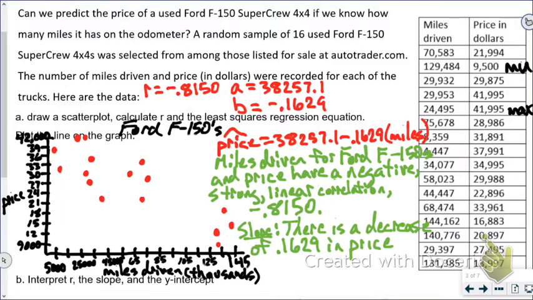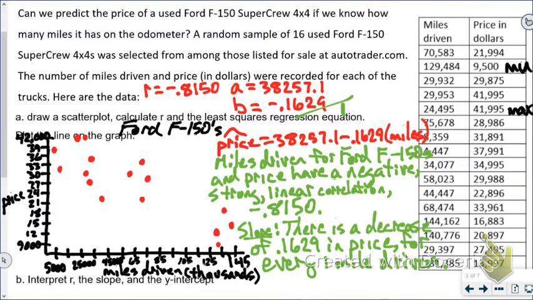So if you're struggling with this, throw that slope over 1, and remember slope is change in y over change in x. So I described the y in terms of the slope that the linreg gives us on the calculator. So there's a decrease of 0.1629 in price for every 1 mile driven.